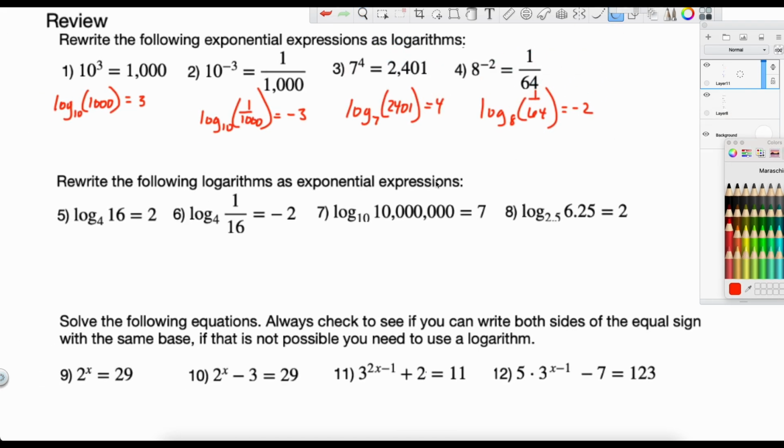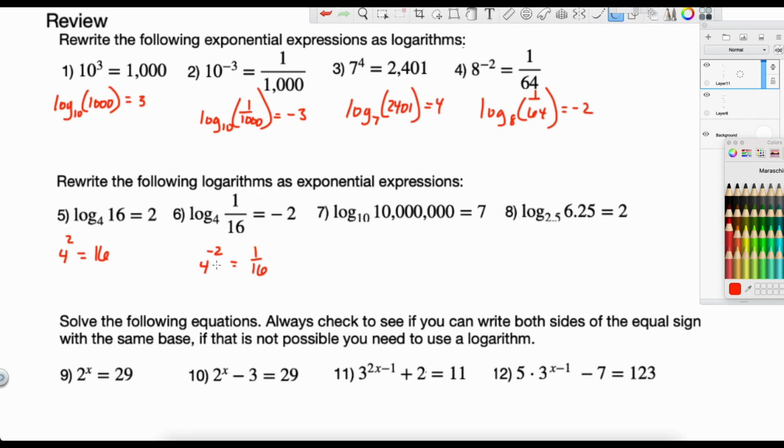Rewrite the logs as exponentials. Okay, so base 4 raised to the second power is 16. Base 4 raised to the -2 power is 1/16.